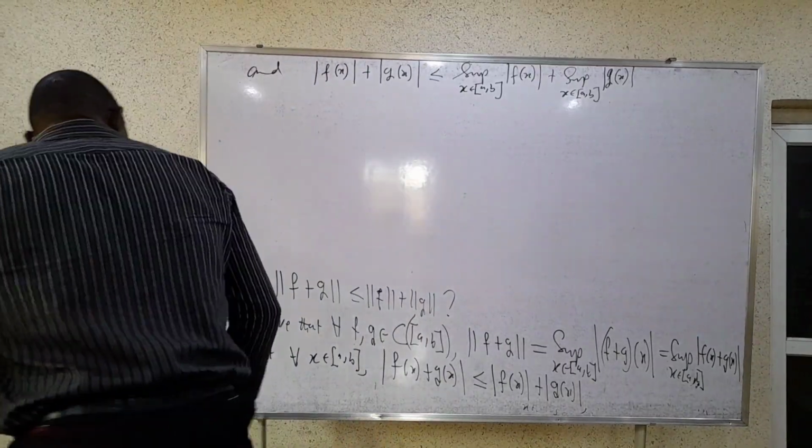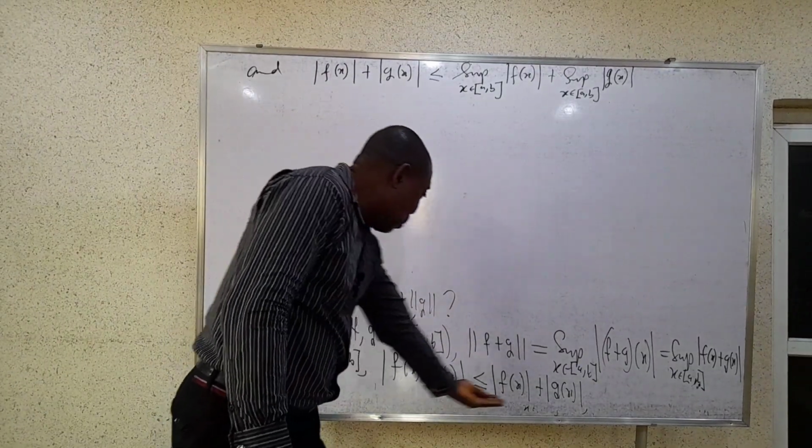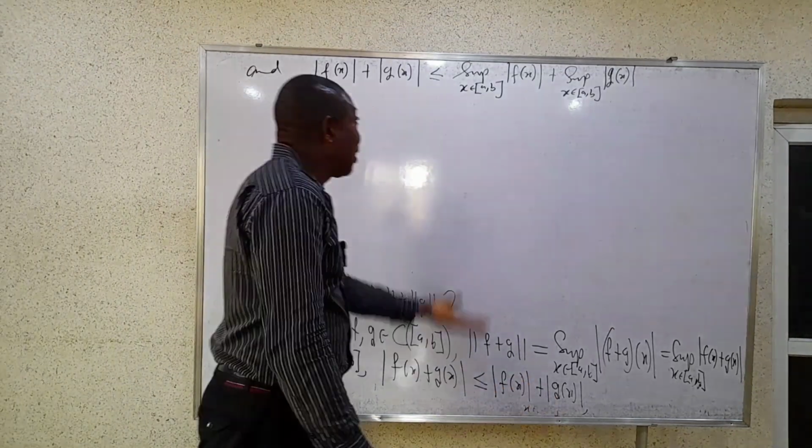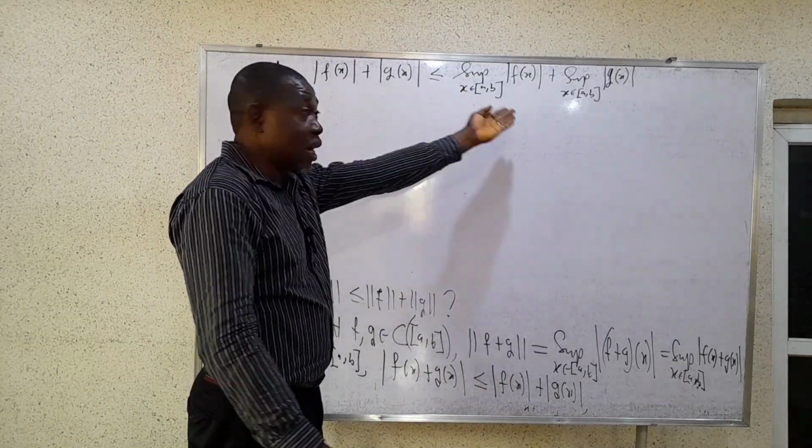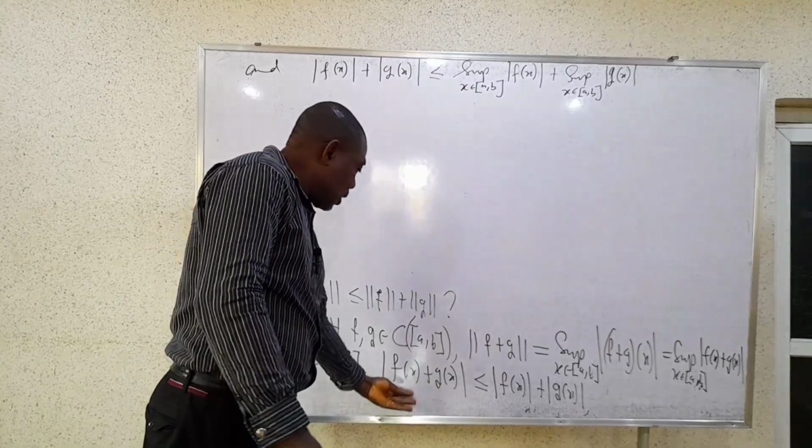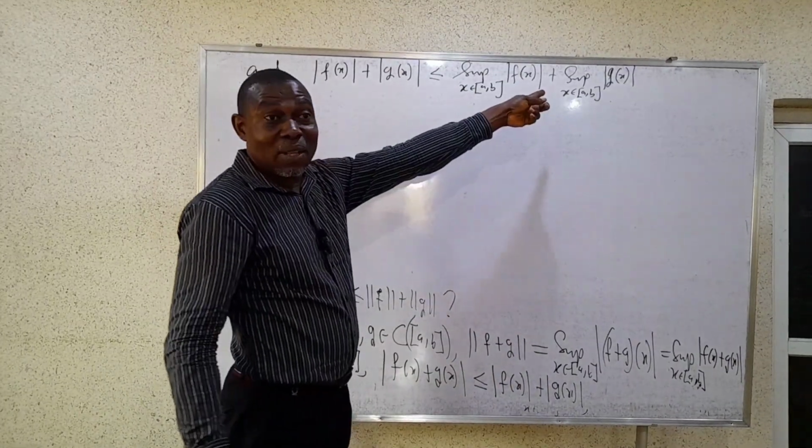So, having gotten that for any x in there, this happens. And from the property of supremum, this one happens. It means that this is less or equal to this, and this is less or equal to that one.